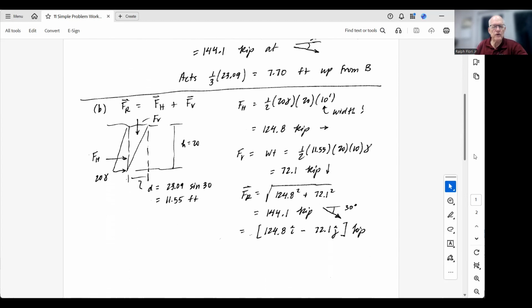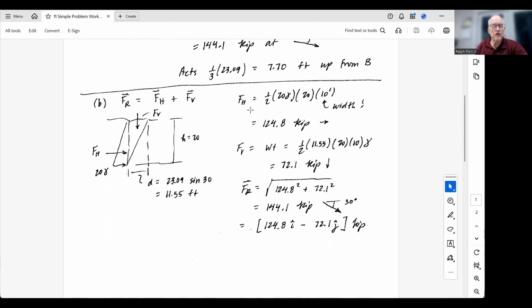The second method we'll use is the horizontal and vertical method, or some people call it the composite method. We've got this slanted dam here, and we can say that F resultant is equal to a horizontal force plus a vertical. The horizontal is the resultant of this triangle that acts on the vertical projection of this face.